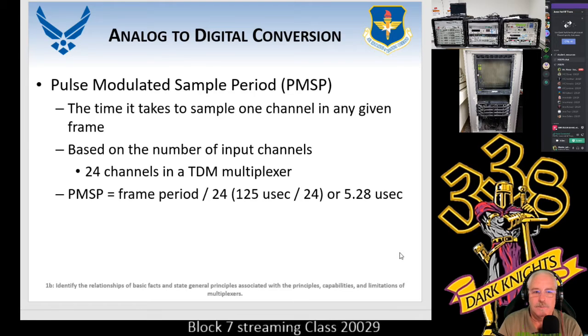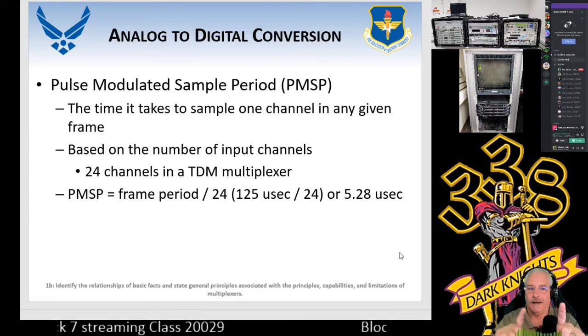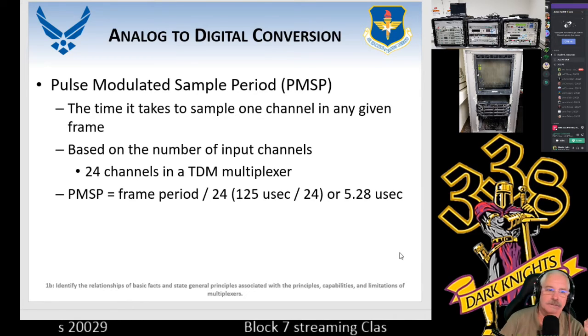Well, it's 0.000005208 seconds, or 5.208 microseconds. So it took 125 microseconds to go through channels 1 through 24, and it took 5 microseconds to sample one channel. So you understand, frame period's pretty big, pulse modulation sample period is very small.